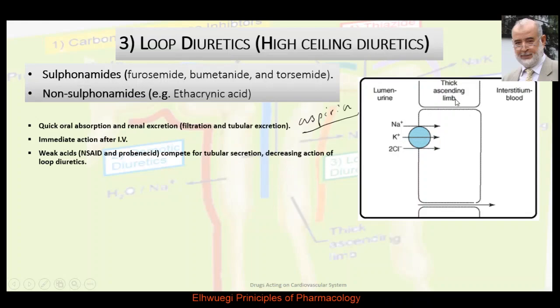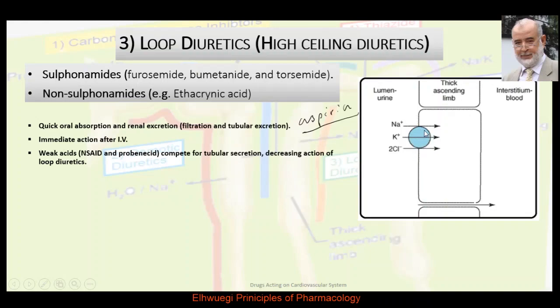In it, there is a specific co-transporter. This co-transporter is a protein which is present in the luminal side of the epithelial cells of the thick ascending loop of Henle.